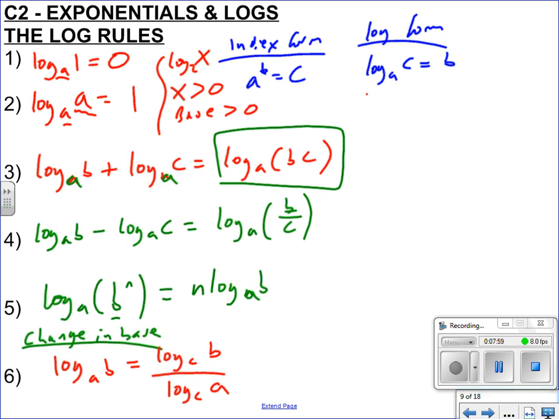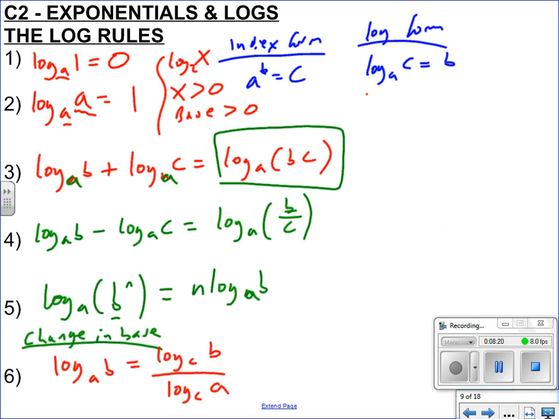So if I wanted to change, for example, in that sixth rule, log 7x, to log base 10, I'd have log 10 of the result over log 10 of the old base. You see? That's how I could change my base.